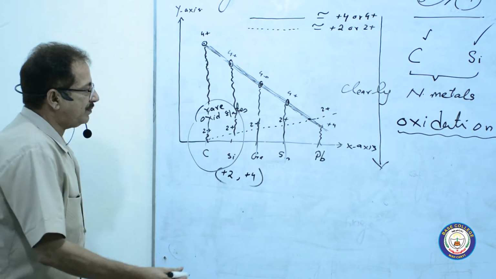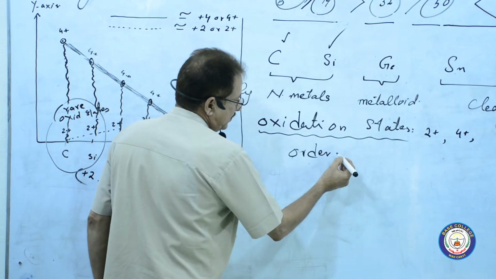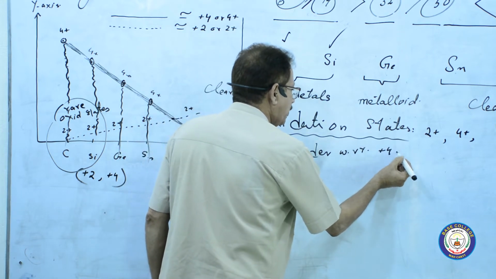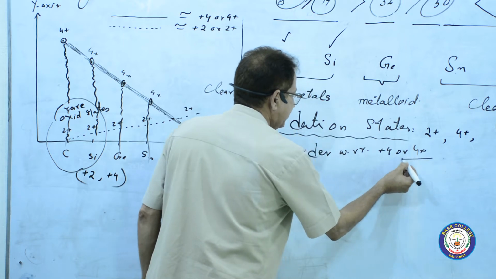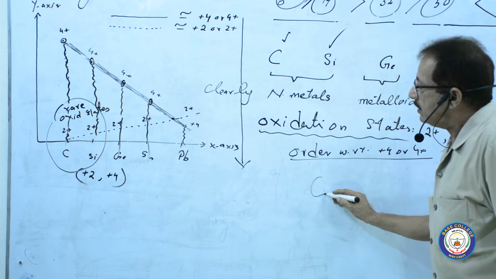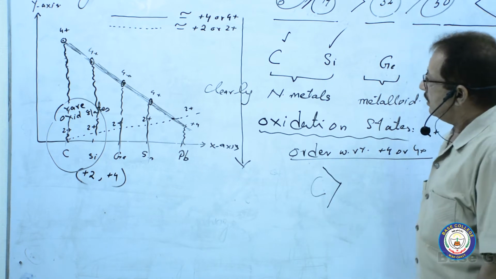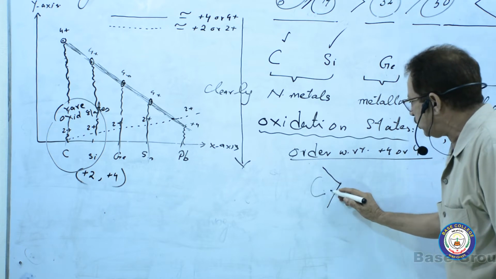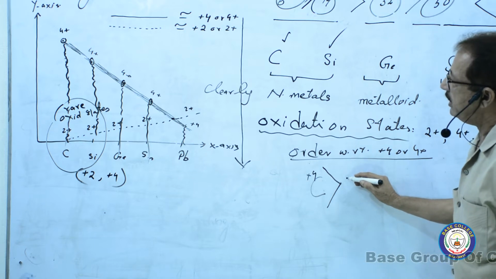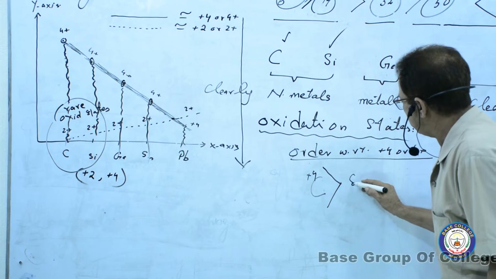It means if I write here the order with respect to plus 4, carbon has a higher stability. That is, C plus 4 is more stable than silicon.